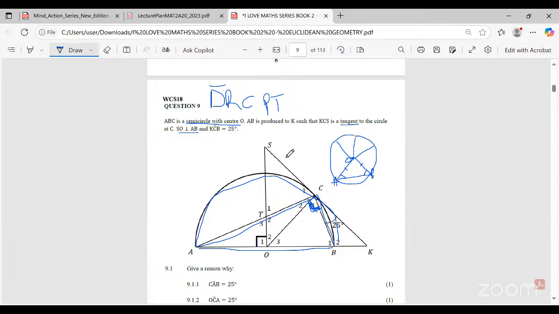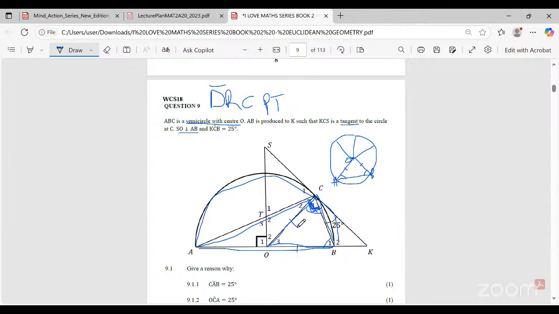Then let's come back to our diagram, using this radius information. We can see OC is a radius, and also OB is a radius. Therefore angle B1 here will be equal to angle C3 right there. Reason: angles opposite equal sides, because OB is equal to OC.